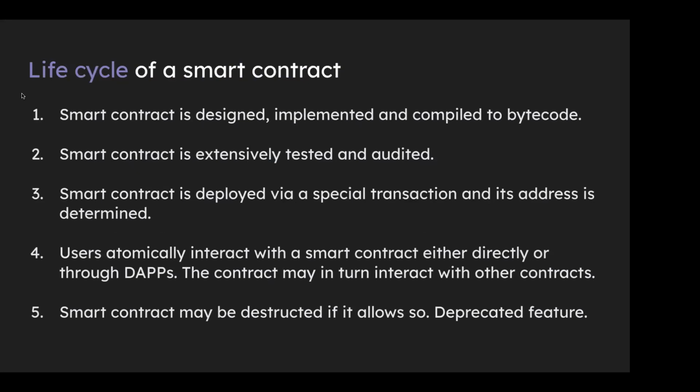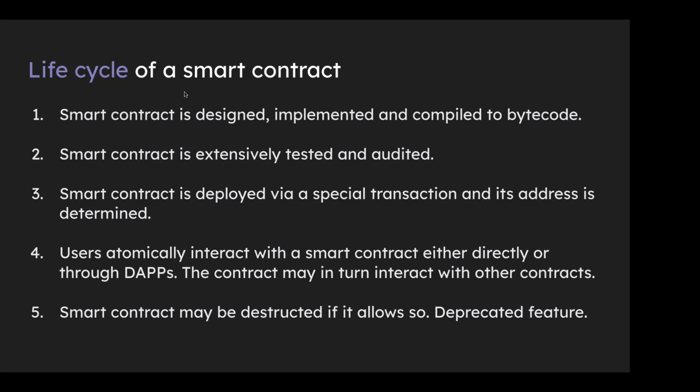Okay, so let's talk about the life cycle of a smart contract on Ethereum. Number one, the smart contract is designed, implemented, and compiled to bytecode. Nothing new here, as smart contracts are just regular applications.